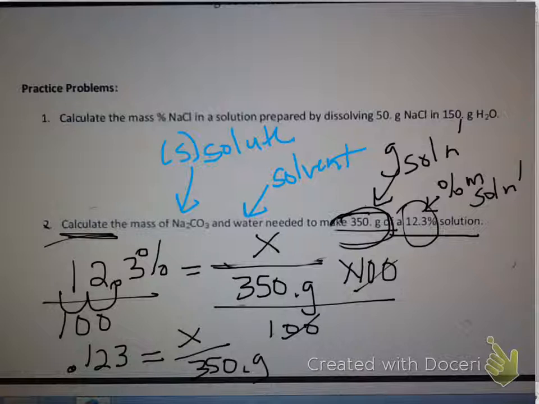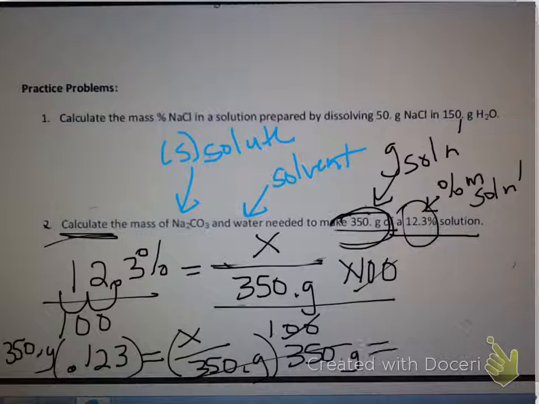Now I'm going to multiply, just some simple algebra here, by 350 grams to isolate X. So I've got my grams on top and bottom there. I multiply 0.123 times 350. I'm going to get X. X equals, what's 350 times 0.123?